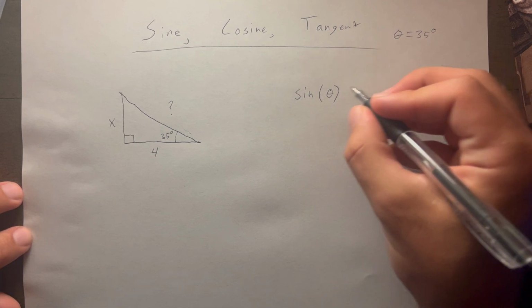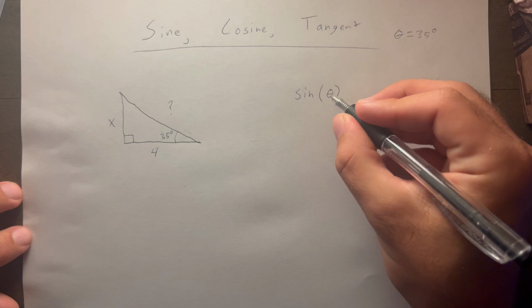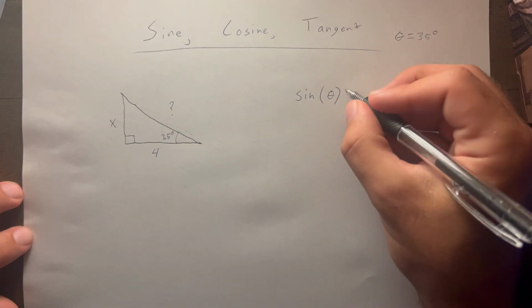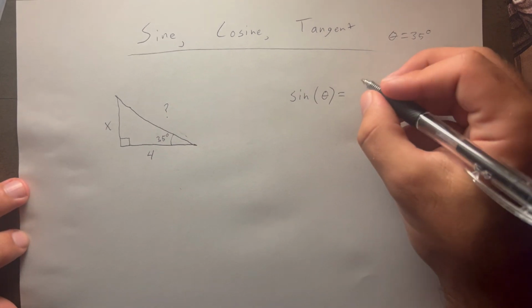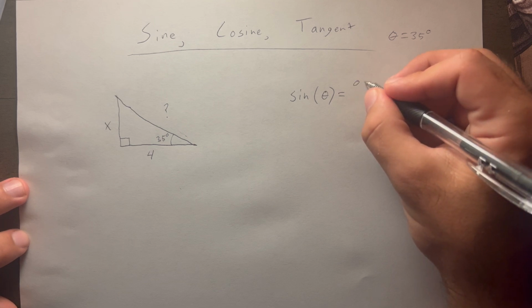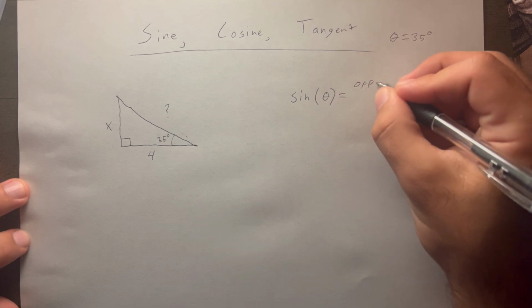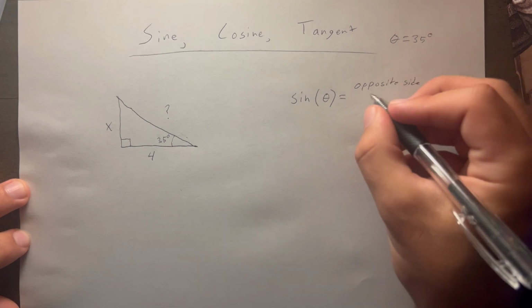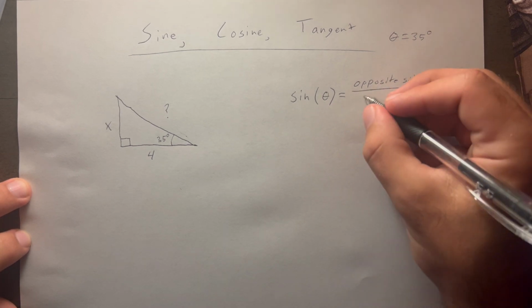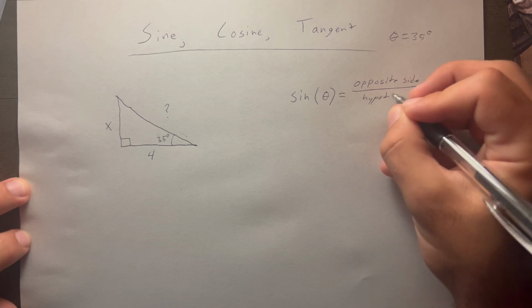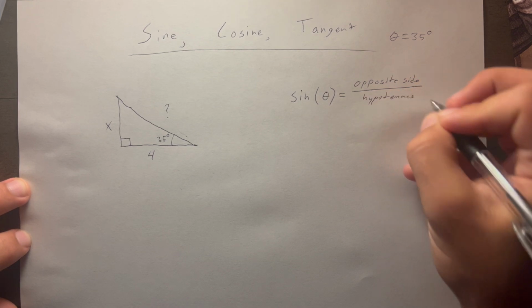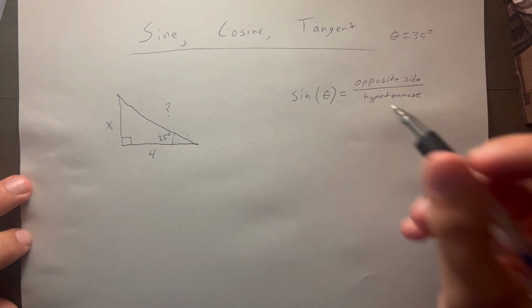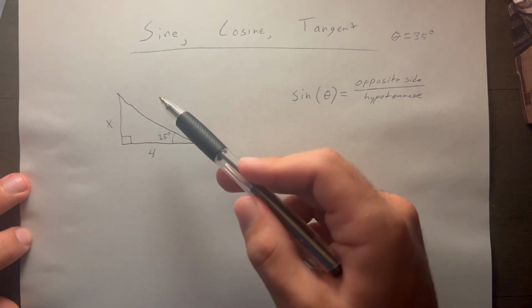Okay, so sine of theta, or sine of the angle, which in this case is 35, is equal to the length of the opposite side divided by the hypotenuse. And now remember, which one of these sides is the hypotenuse?